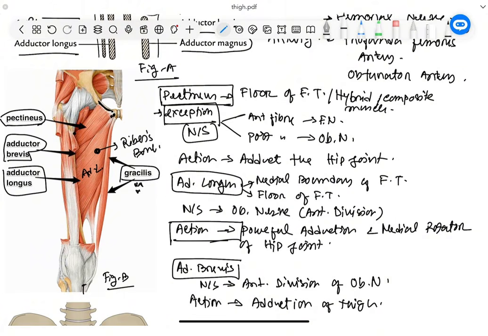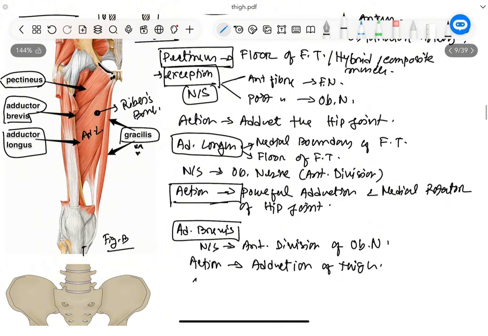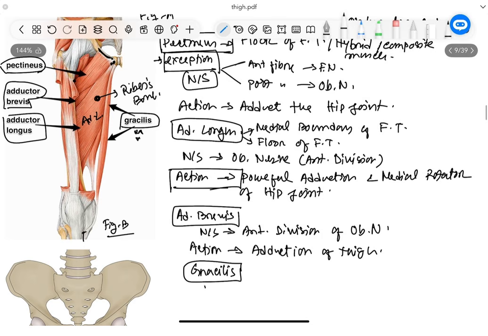So, what is the gracilis nerve supply? It is supplied by the anterior division of the obturator nerve, and gracilis has an action of adduction of the thigh. So, let us write something about the gracilis. What is its nerve supply? Its nerve supply is the anterior division of the obturator nerve.